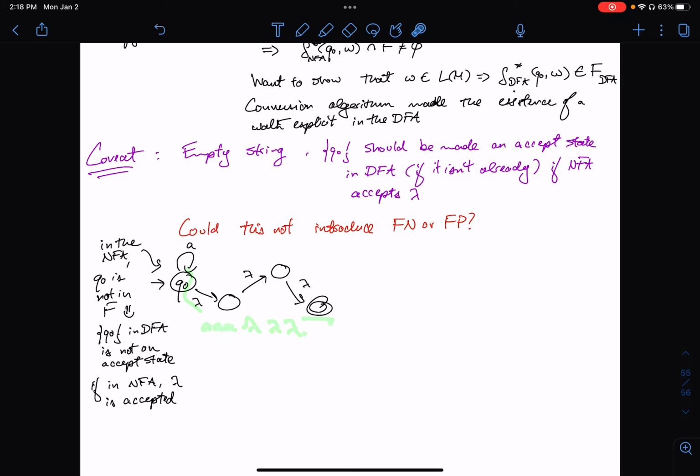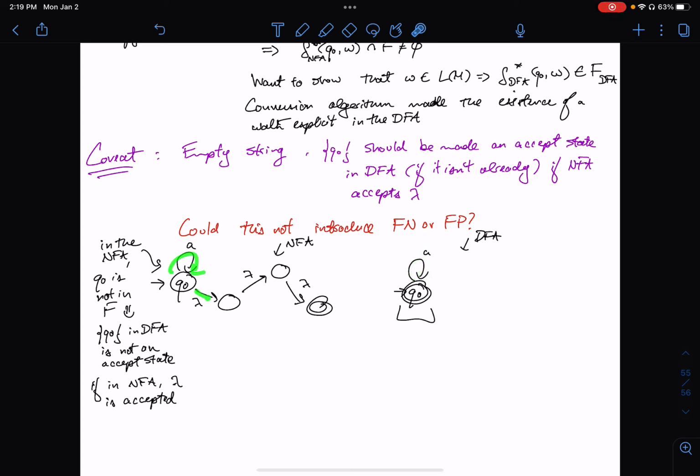So if in the converted DFA you get something like an A, and this isn't an accept state, but because of this rule you do make it an accept state, these additional A's that are being accepted are not false positives.